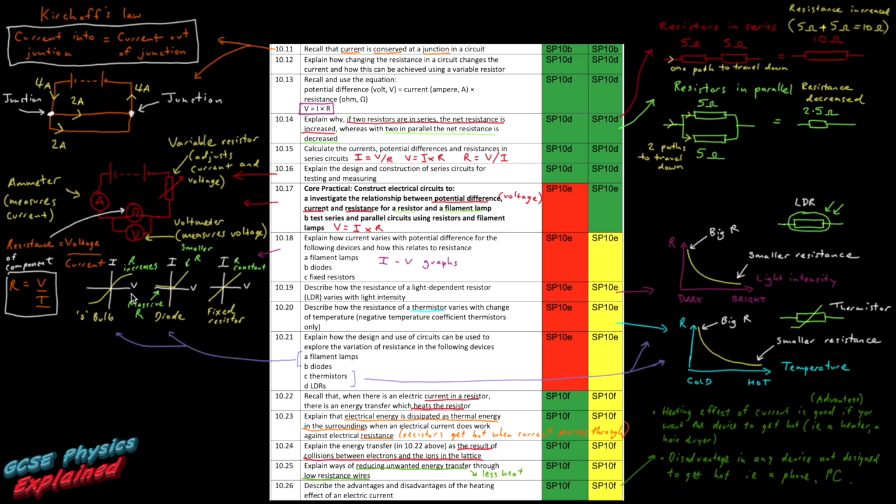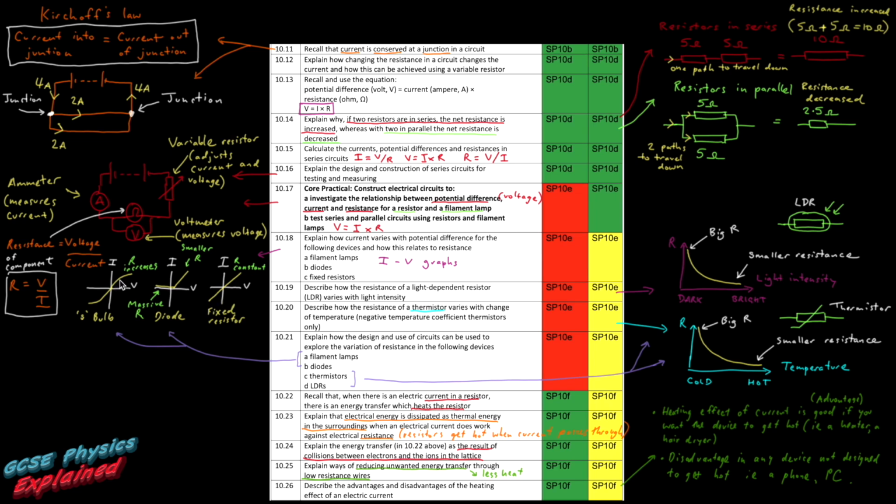So that's why we've got this crisscross graph here. I've got negative voltages on as well. Now this is for a bulb, or as I like to say, a spulb, because it looks like an S shape. Here is a diode, and here's the current voltage graph for a fixed resistor.